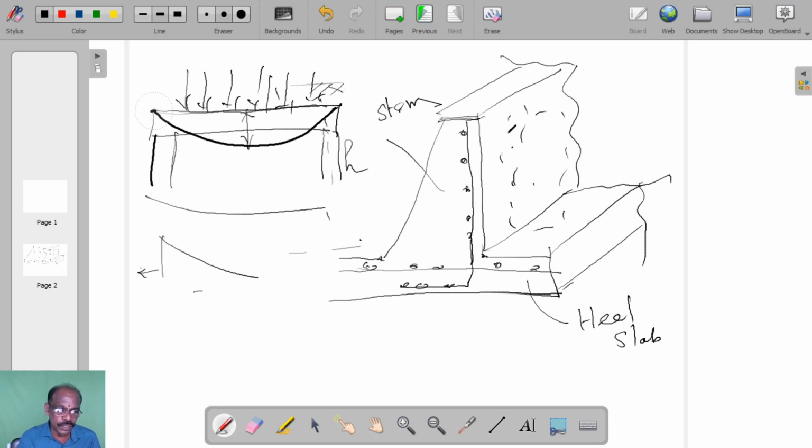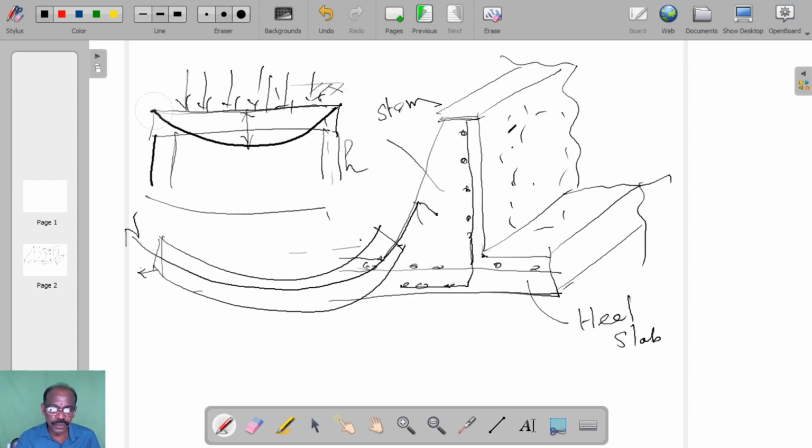Now this is the bending profile of the beam, and this is the neutral axis. Neutral axis means there is no stress at that particular place.